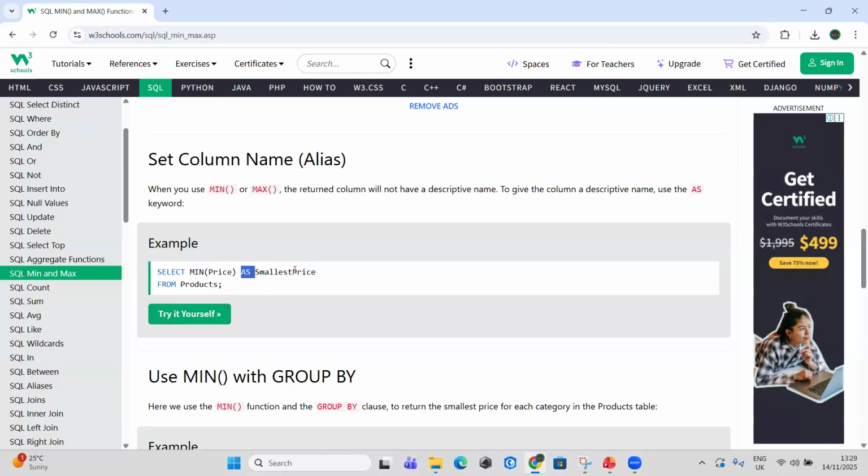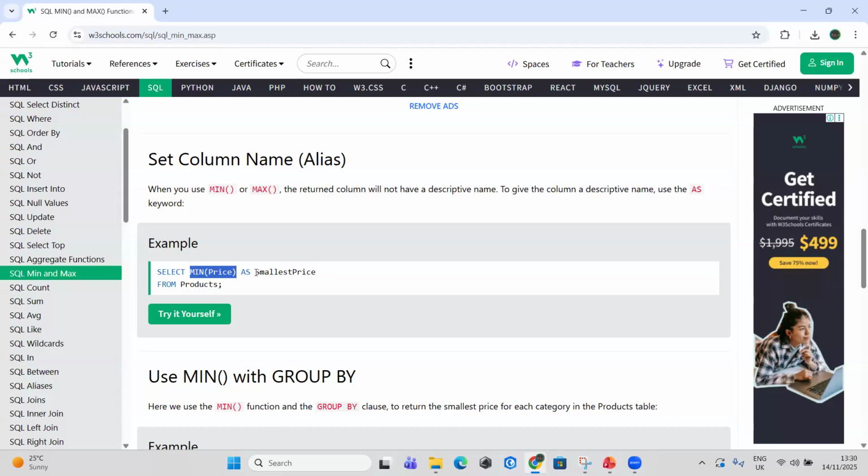Now what this part means is I want to call this as this for any future query that I will make.